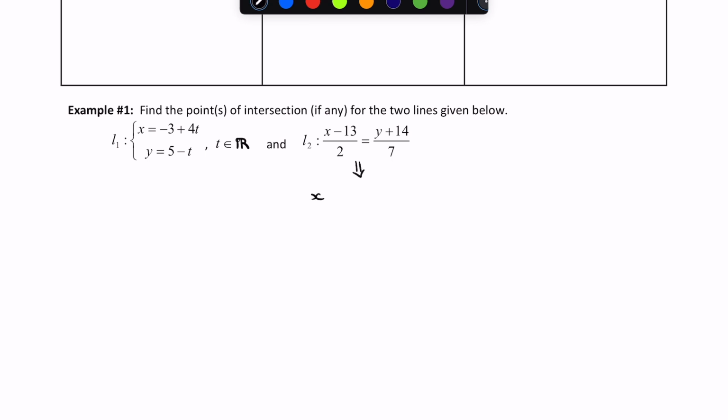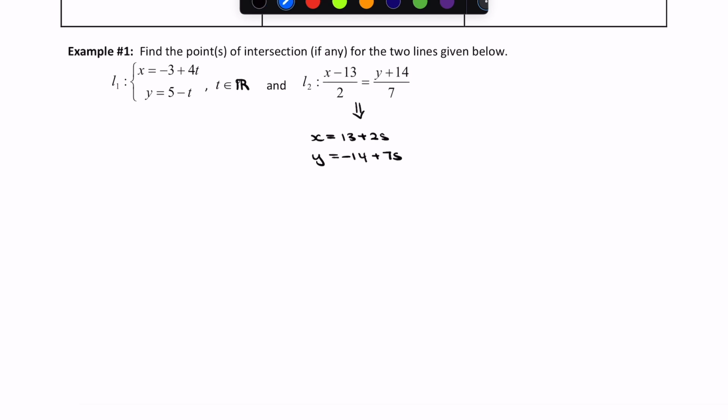So here we get x is equal to 13 plus 2s, and y is equal to -14 plus 7s. And so here, if line 1 intersects with line 2, what we'll see is that we will have the same point.